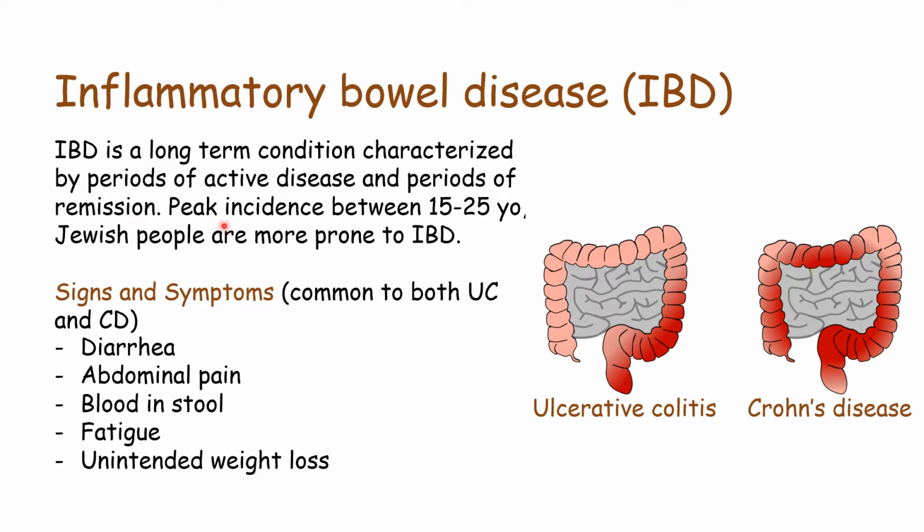There is a peak incidence between 15 and 25 years of age, and people of Jewish descent are more prone to developing IBD. Some of the common signs and symptoms to both ulcerative colitis and Crohn's disease include diarrhea, abdominal pain, blood in the stools, fatigue, and unintended weight loss.